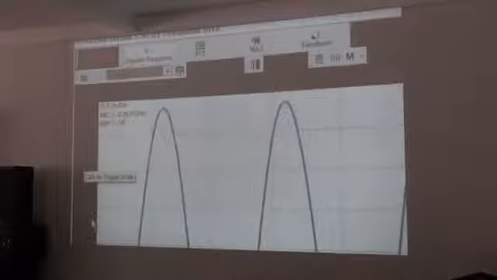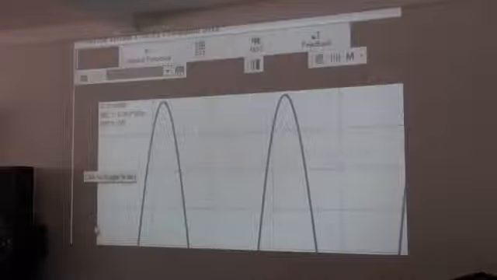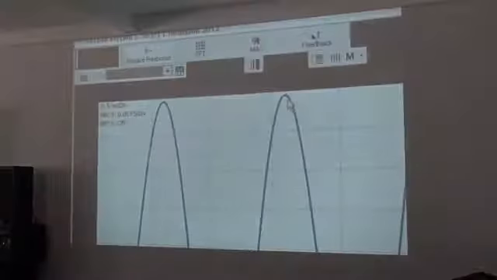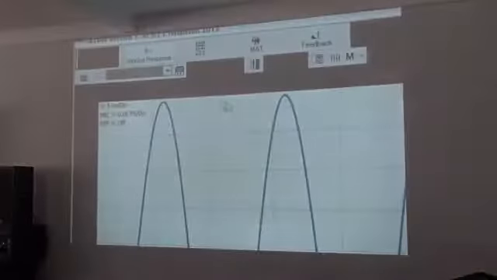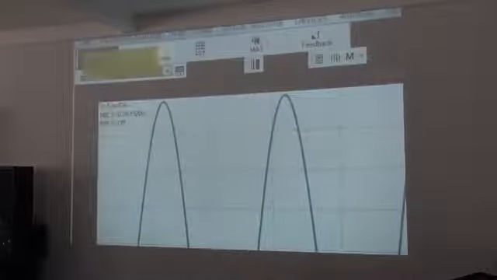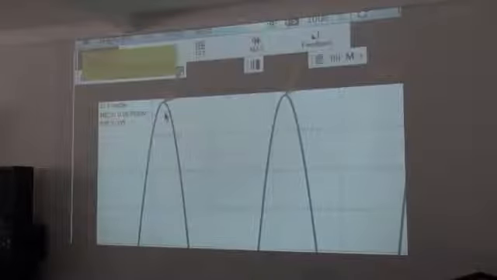you can see here that if I pay attention to this peak and the next peak, the distance between the first peak and the second peak is 2 vertical divisions.